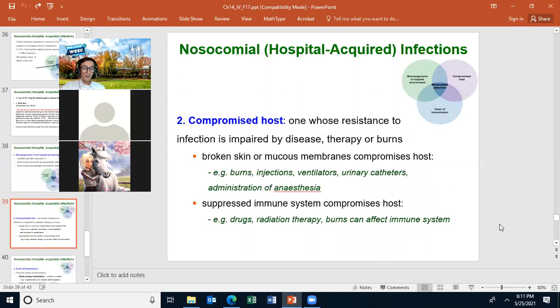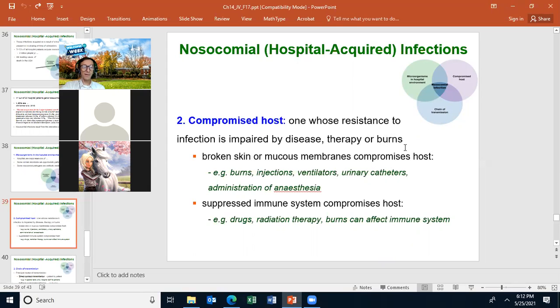The second reason why hospitals have nosocomial infection is many of the patients in the hospital are compromised hosts, ones whose resistance to infection is impaired either by disease, by therapy, by burns, or by some other agent that weakens the host immune system.